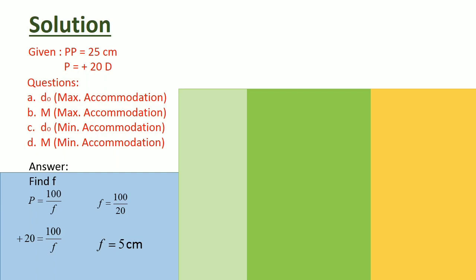Okay, now we start to answer the questions, starting from A and B. It's about the observation with maximum accommodation. Since it's maximum accommodation, DI or the distance of the image will be formed at the near point or PP, and its value is around 25.